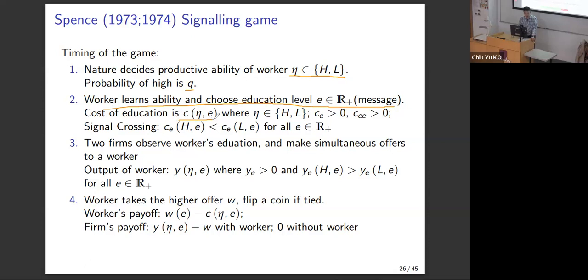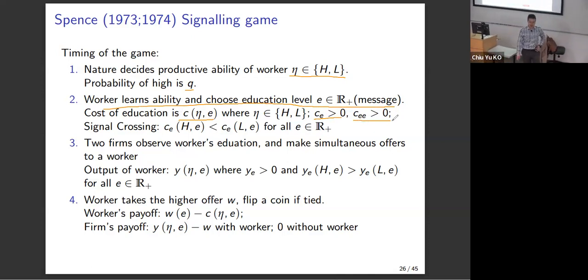The cost is c(η, e). Of course, the more education you get, the more expensive it is, and more and more is even more expensive. Look at yourself in the PhD: one more year is very tiring. Remember the year you spent in kindergarten, very happy, no homework, nothing. So the cost is convex in years.